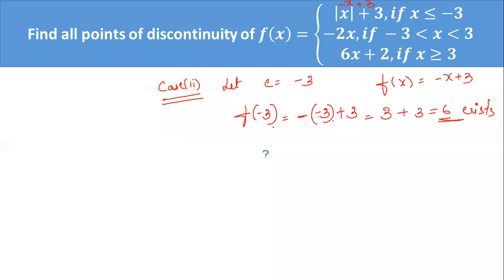Okay, now whether we have to go for left hand limit and right hand limit over here, students? Do we have to check? You cannot write shortly that the function is continuous.